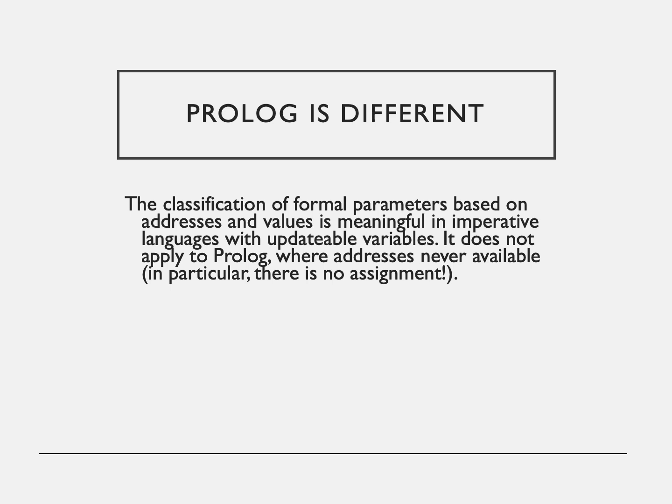Unlike imperative languages where you have addresses and values that can be manipulated directly, Prolog operates on a different principle. In Prolog, there is no concept of variable addresses, and all variables are effectively immutable once they are bound to a value. There is also no direct assignment operation like in languages such as C or Java.